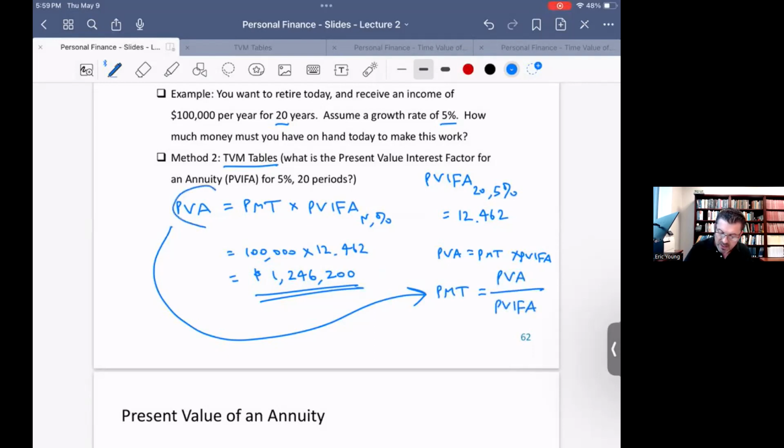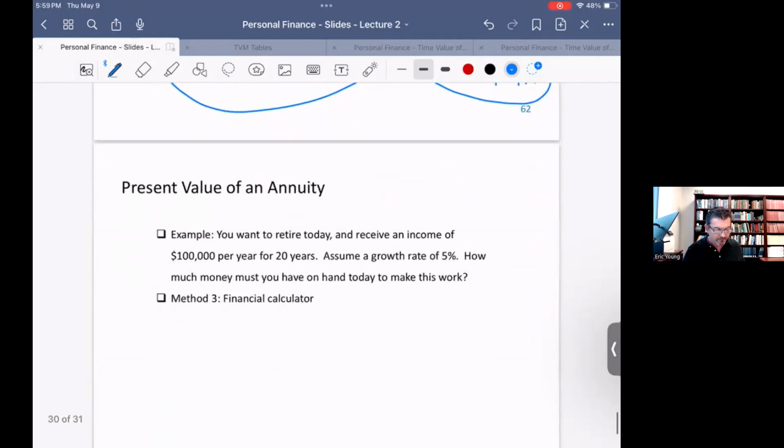So we can use this to solve for the size of the payment. It's a really great way. You can just tweak the formula and you can do a whole lot of problem solving.